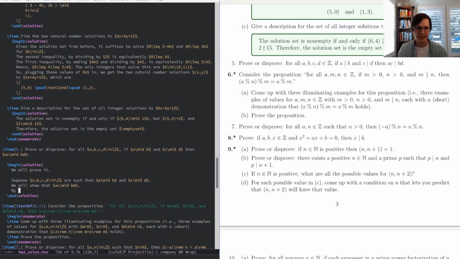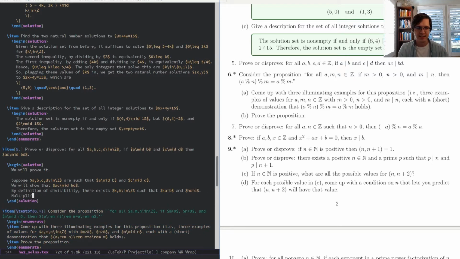By definition of divisibility, there exist k and h in the integers such that ka equals b, and hc equals d. I'm sort of just doing this automatically. So really, we don't have anything to deal with the divisibility other than the definition.